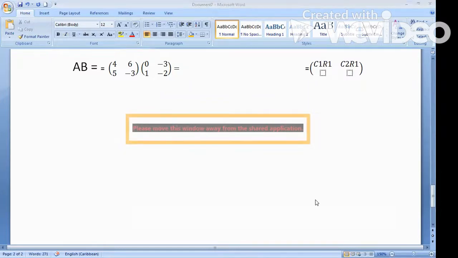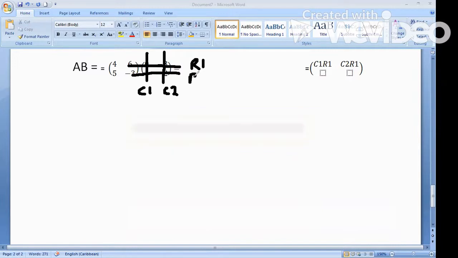All right, let me try to explain. This is a matrix, right? This is a column, and this is another column. So this is column 1, column 2. This is row 1, and this is row 2.